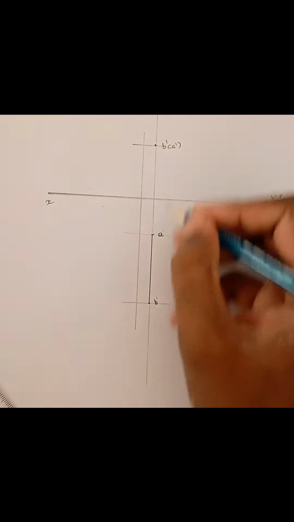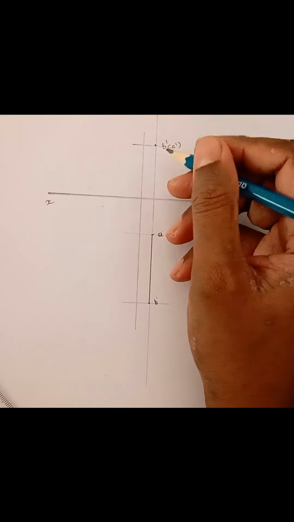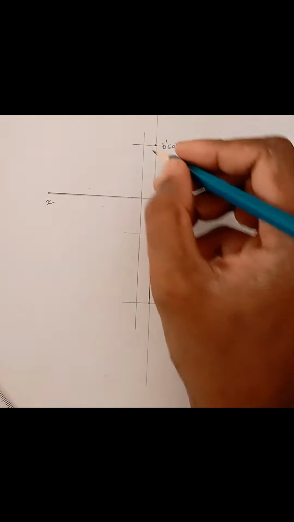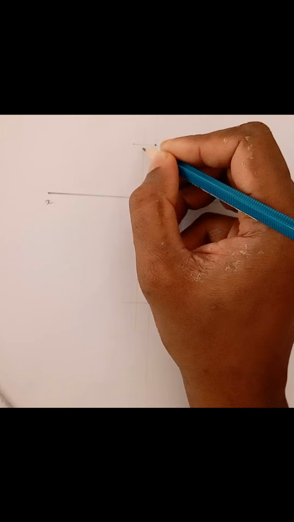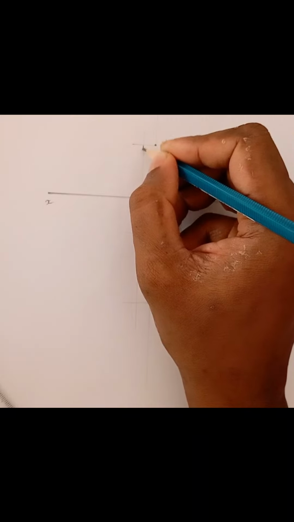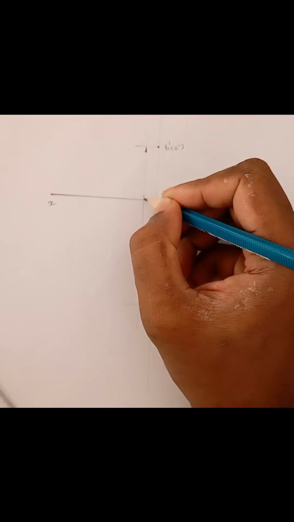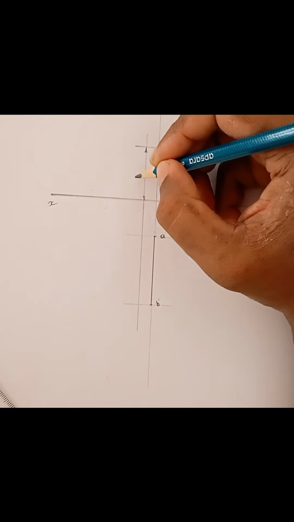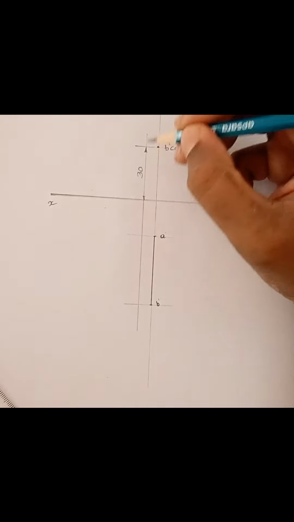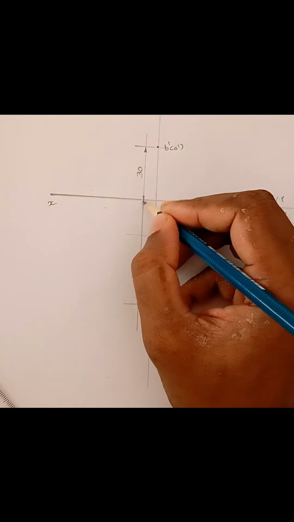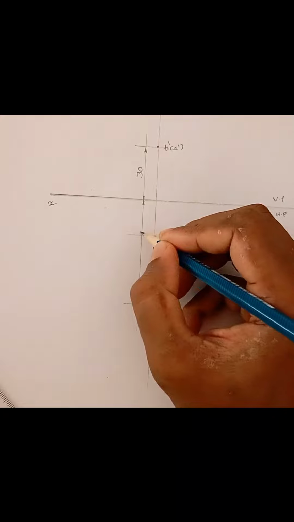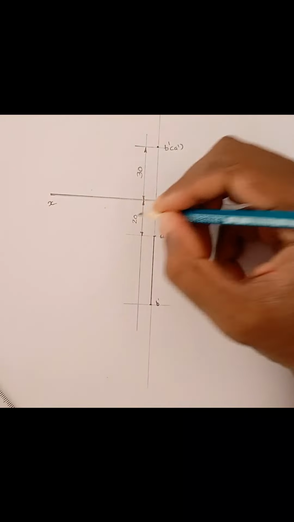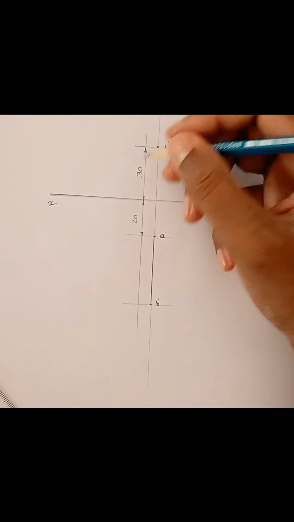The line and point will be in darker or bold lines, so the other lines will be thin. How much distance above the XY line? It is 30 mm, so just write 30. And how much distance below the XY line? This is 20. Just mention 20, not mm, just 20.